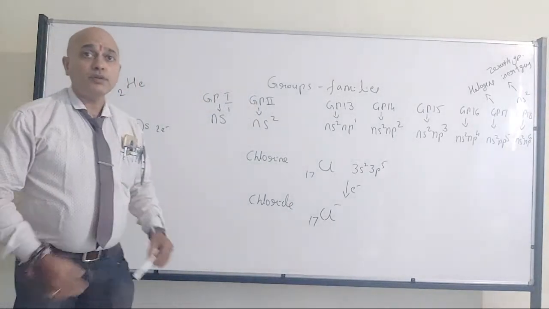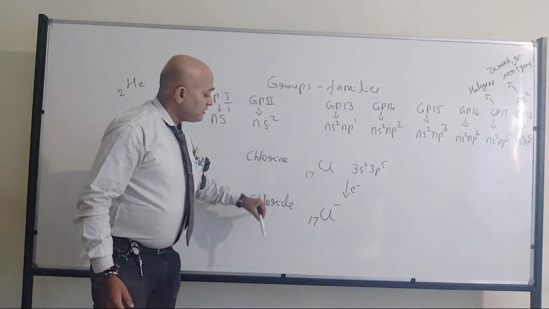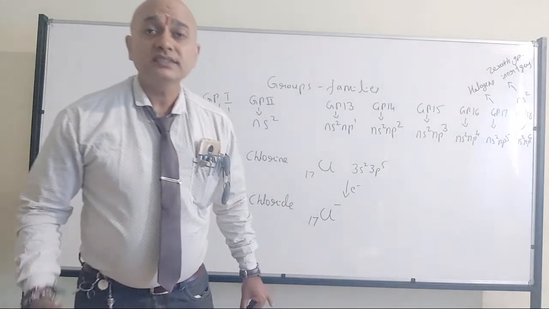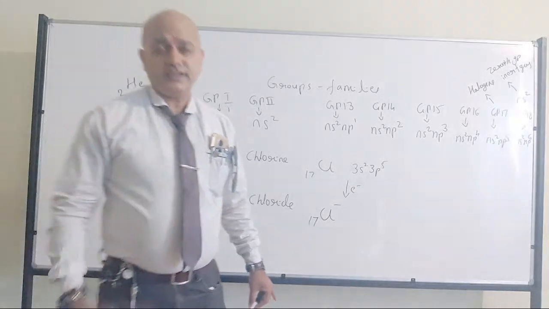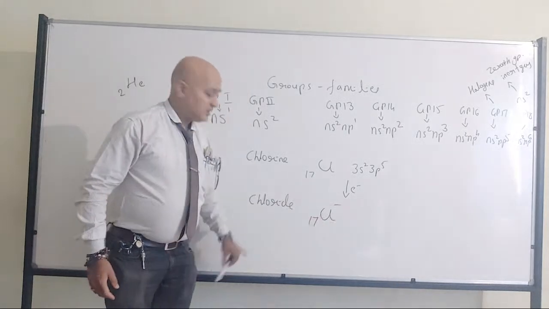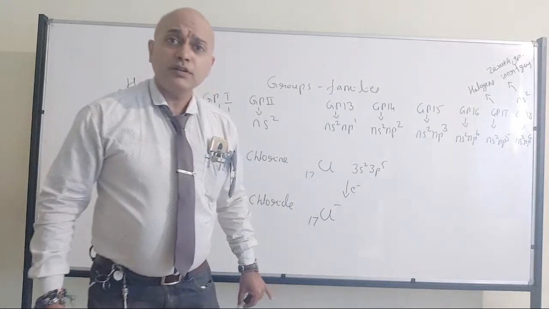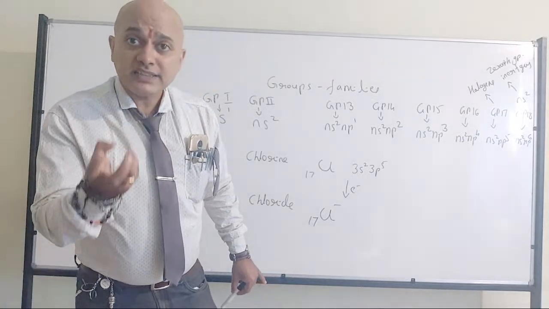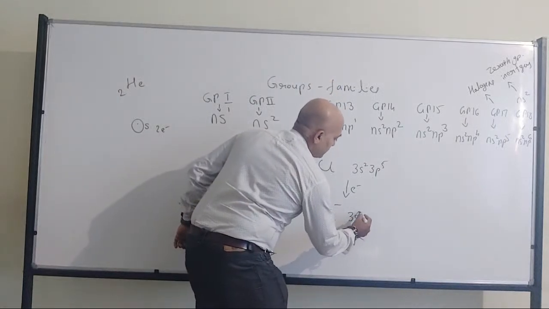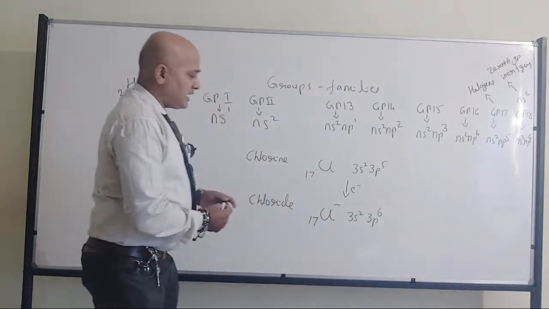So naturally, chlorine will become chloride, an anion. What are anions? Negatively charged ions, right? So they are called anions. So chloride is an anion. How has chlorine become chloride? By accepting an electron. Due to that, the electronic configuration will become, only the outer electronic configuration I am writing.